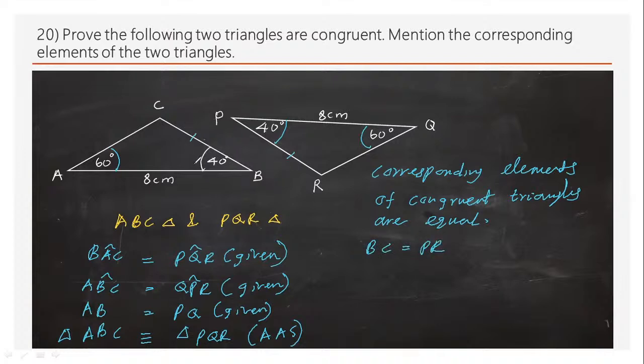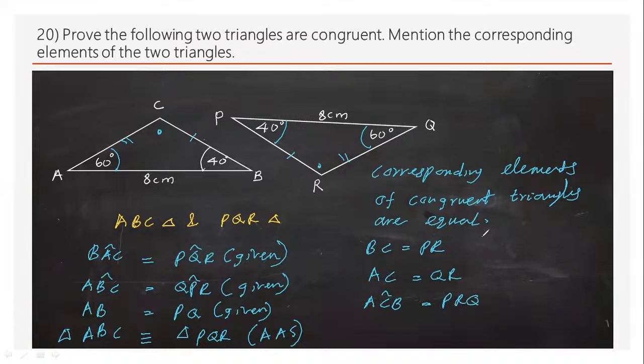Next, 40 this side, 40 this side, it means AC equals QR. And 8 centimeter, opposite is this one, here 8 centimeter, this C and R. Then we can write here angle ACB equals angle PRQ. Right, these are the corresponding elements.